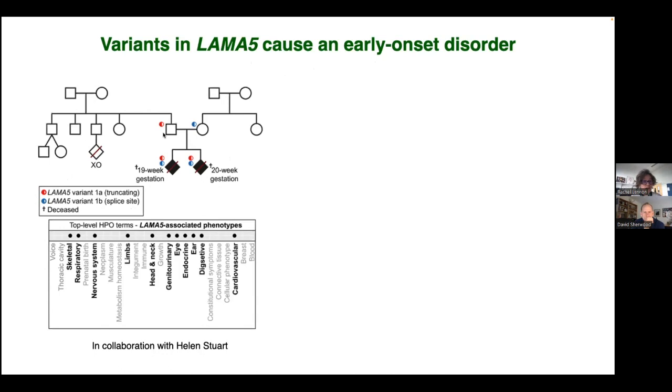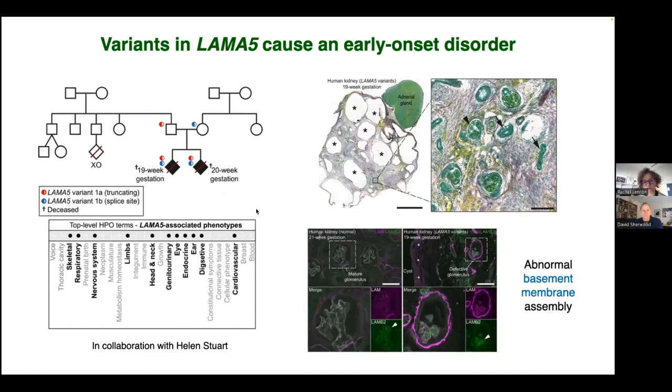And what we observed in this particular family was an early onset multisystem disorder causing mid-gestation fetal loss. And the pathologies included absent or abnormal kidneys. One of the variants here was a splicing variant, so we used a mini gene assay to confirm that it had a functional effect.